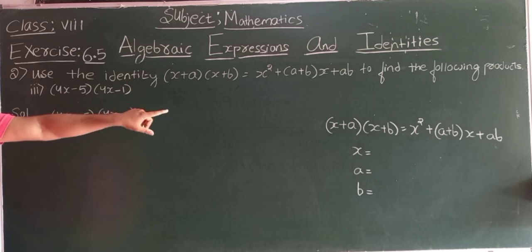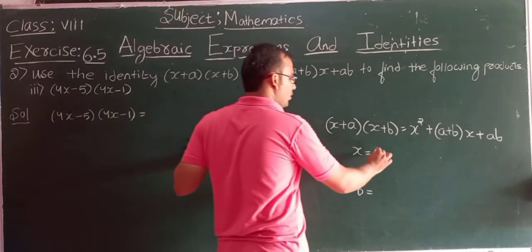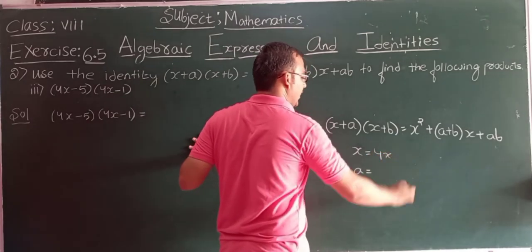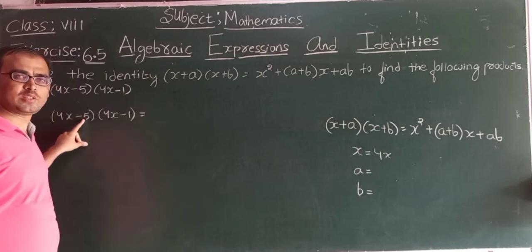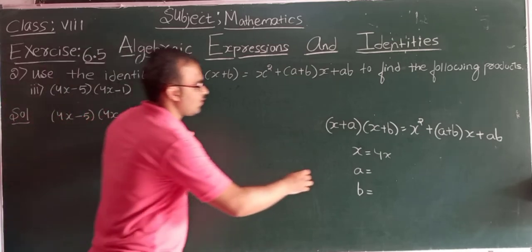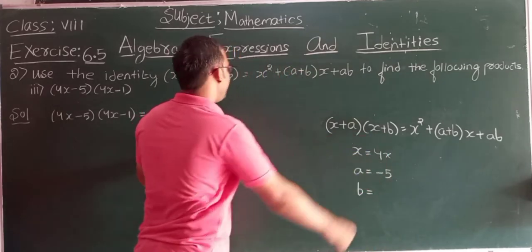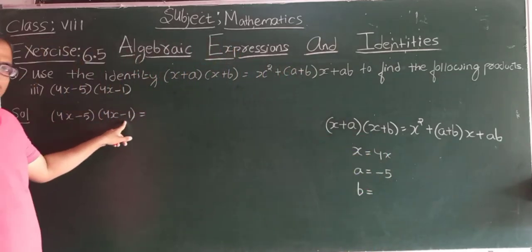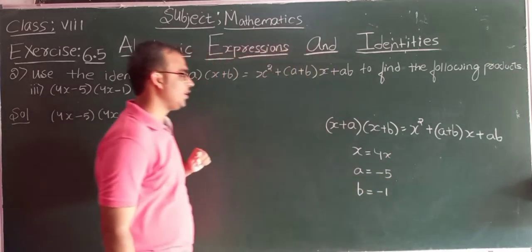In place of x, 4x is there. In place of a, minus 5. And in place of b, minus 1 is there.